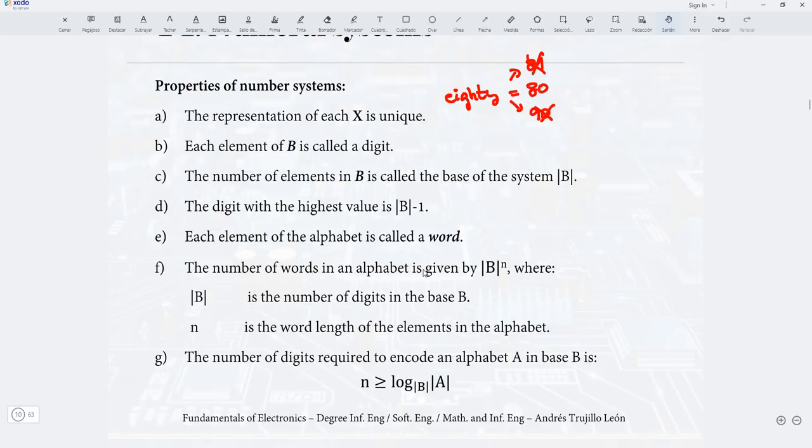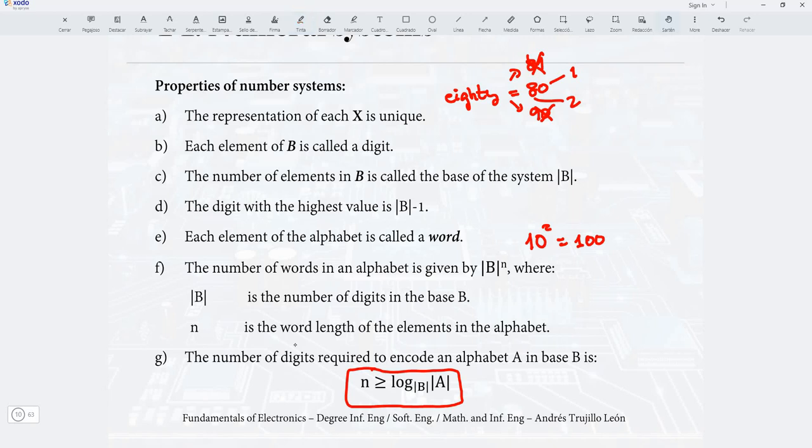The number of words in an alphabet is given by the base raised to the number of digits, and we can see this clearly here. The base raised to 2 digits is 100. That is the number of elements in the alphabet A. And we have 2 digits because we are using 1 digit and another digit. And here we have the number of digits to encode all the elements of a specific alphabet.